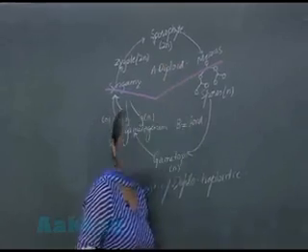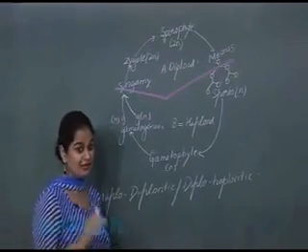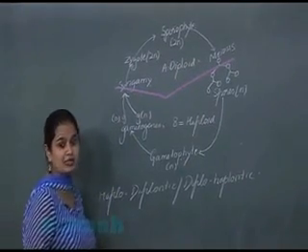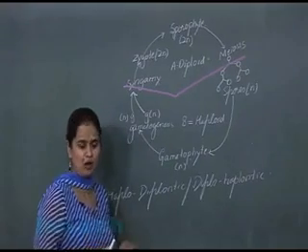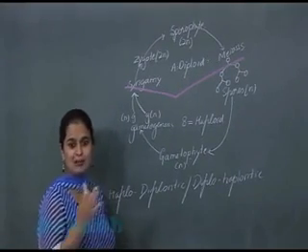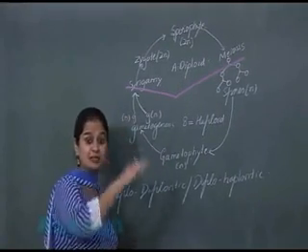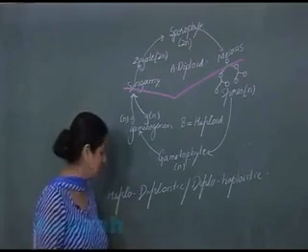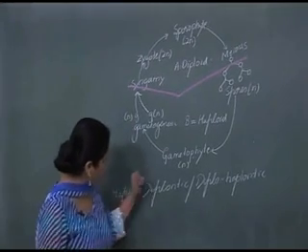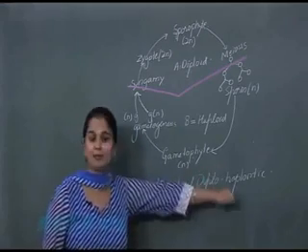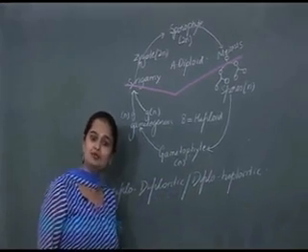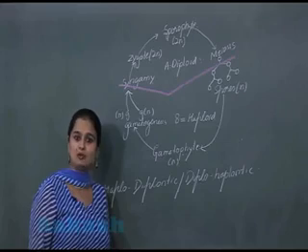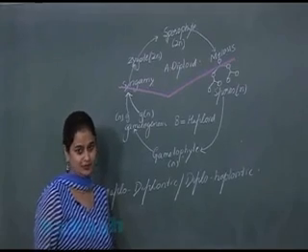So in this life cycle pattern that we are studying, you see there is equal duration, almost equal duration of haploid as well as diploid phase. So such type of the life cycle pattern is known as haplodiplontic or diplohaplontic life cycle. The two phases occupy almost equal duration.